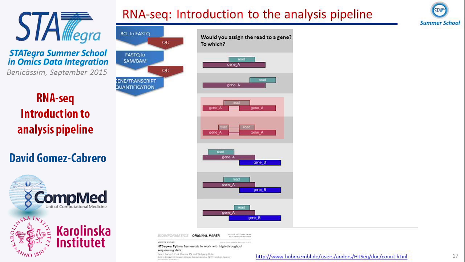So the read is mapping to both exons, but it's also mapping to the intron. In this case, I will be very happy. It's like, wow, perfect. But in this case, I will start wondering.